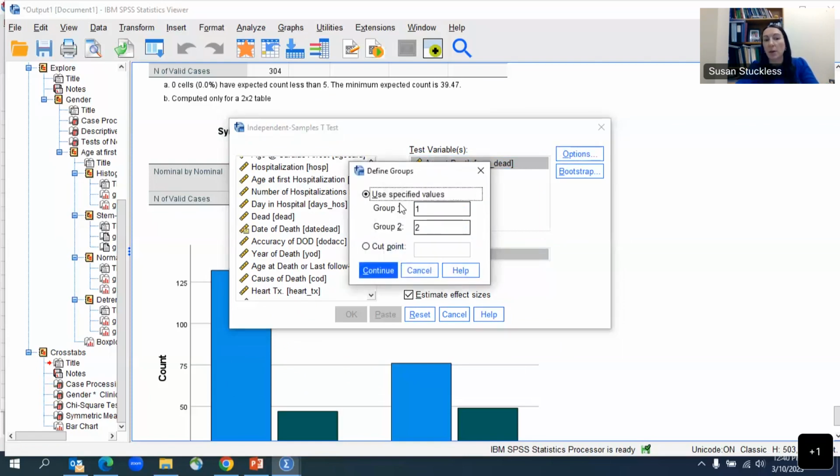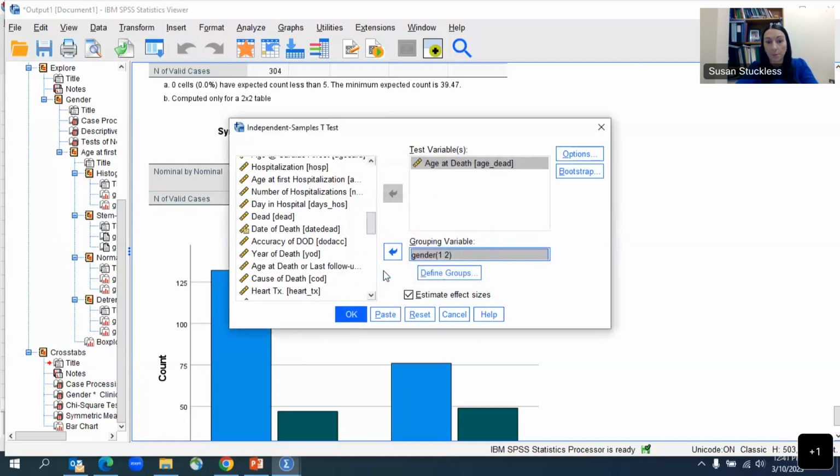You have to go in and specify. So in my situation, males were 1, 2s are females, but maybe we were looking at cancer staging and we only wanted to look at 2 and 3. In that situation, you'd have 2 and you'd put in 3. It all depends on how your data is coded and what groups you wanted to look at. So I'm going to continue. And I'm going to click okay.